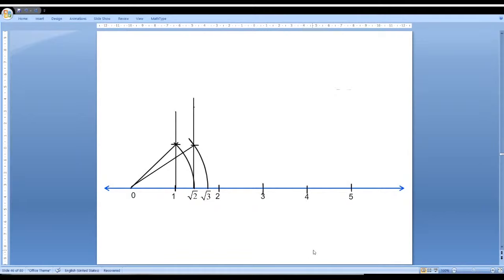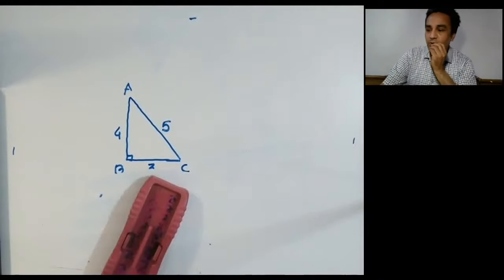So do practice for this root 2, root 3 every day, and if your third step falls on exactly 2, then that means it's all okay.